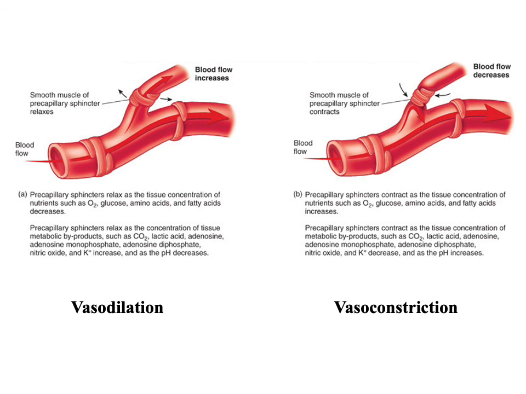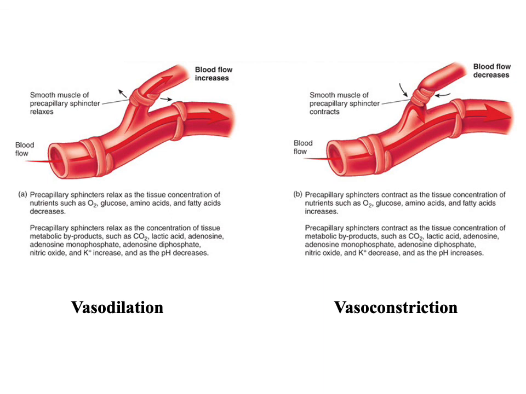With vasoconstriction, on the right, that sphincter has tightened around the vessel, so you see reduced blood flow or possibly even cutting off blood flow entirely.